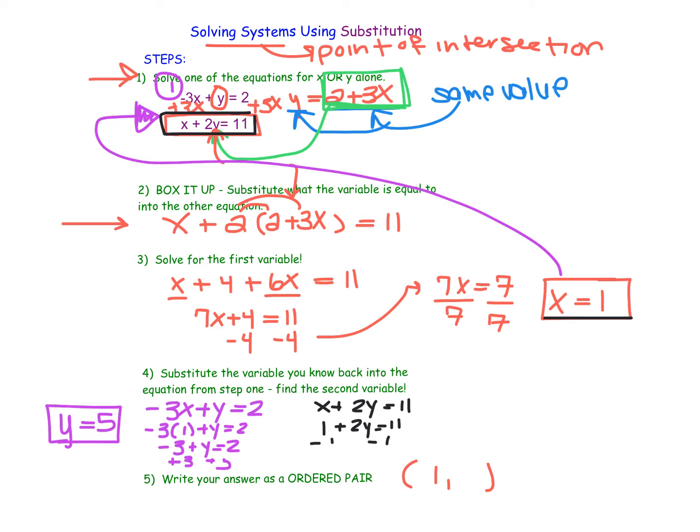Subtract 1 from each side. We get 2y is equal to 10, divide by 2, and we find y is equal to 5. So notice that regardless of the equation we use, we get the same y value because this is the point where these two lines cross. These two lines cross when x is 1 and y is 5.